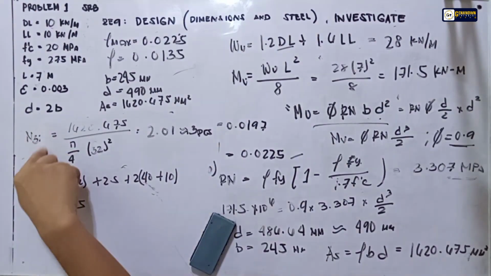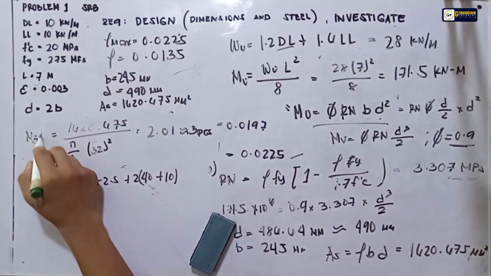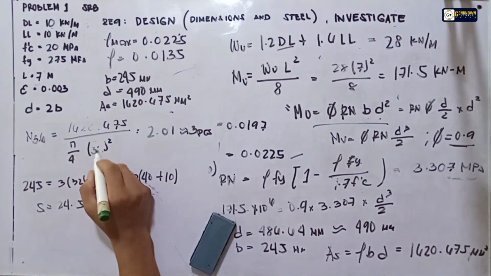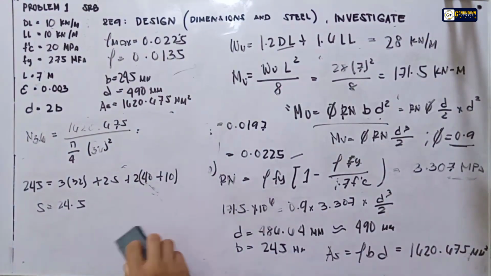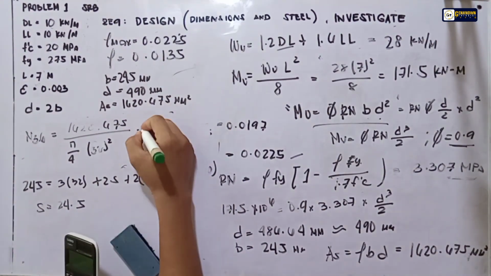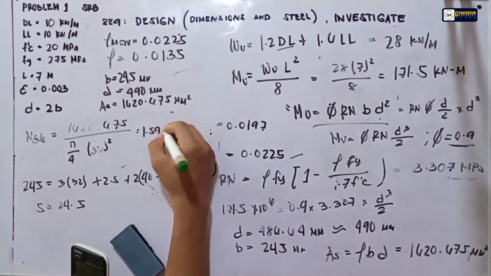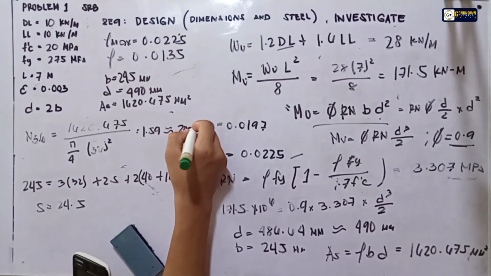So, itry natin ang 36 mm. Ilang bakal? I think dalawa na lang to. 1620.675 over pi over 4 multiplied by 36 squared. That's equal to 1.59, clearly dalawang bakal na lang.